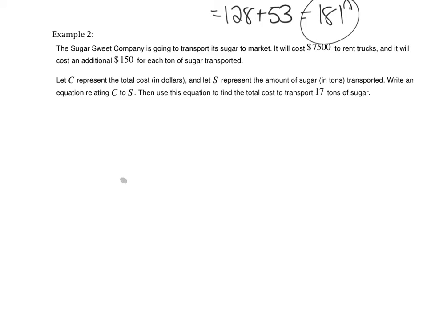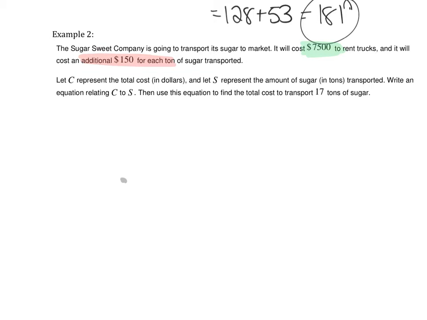It says it will cost an additional $150, and that is a change because it's an additional $150 for each ton of sugar, so that must be the slope. And then the other one is what it costs at the beginning, so that must be our y-intercept or our b in our equation.